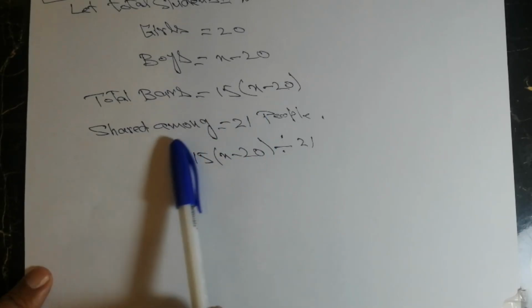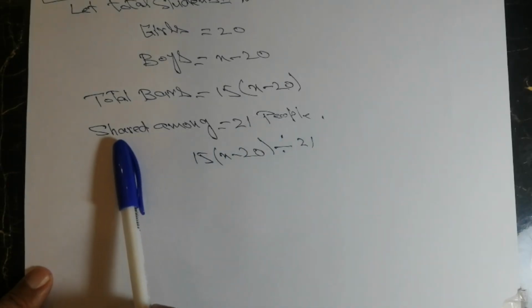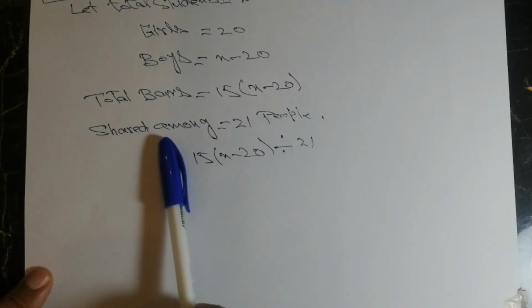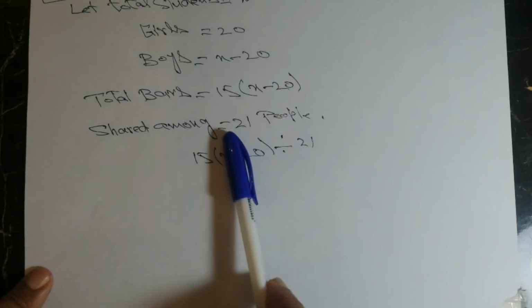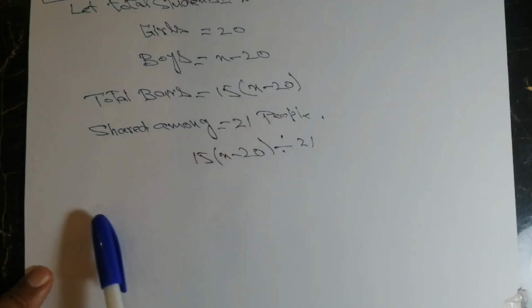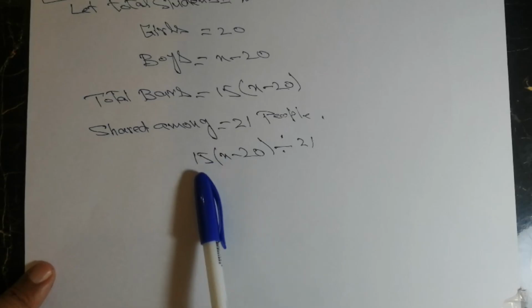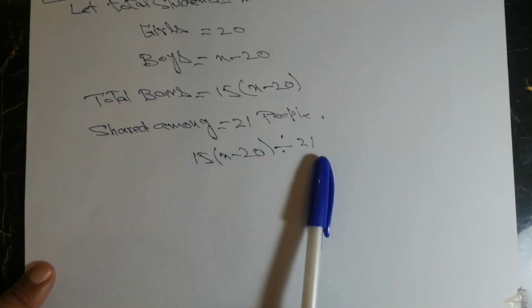Now these bars were shared among the 21 people, 20 girls and one teacher. So total bars divided by 21.